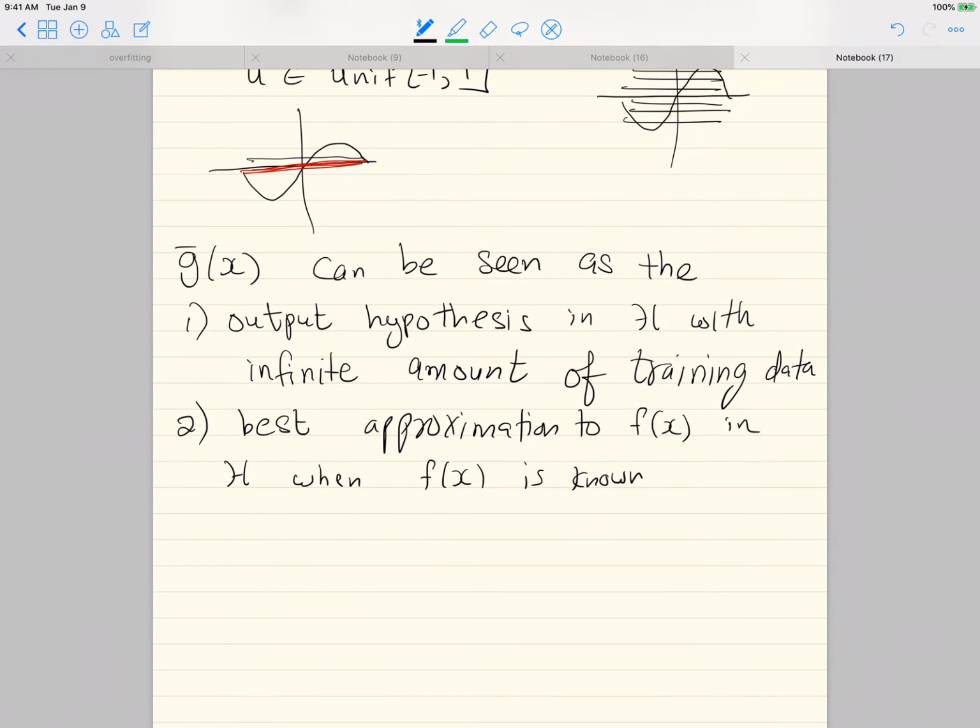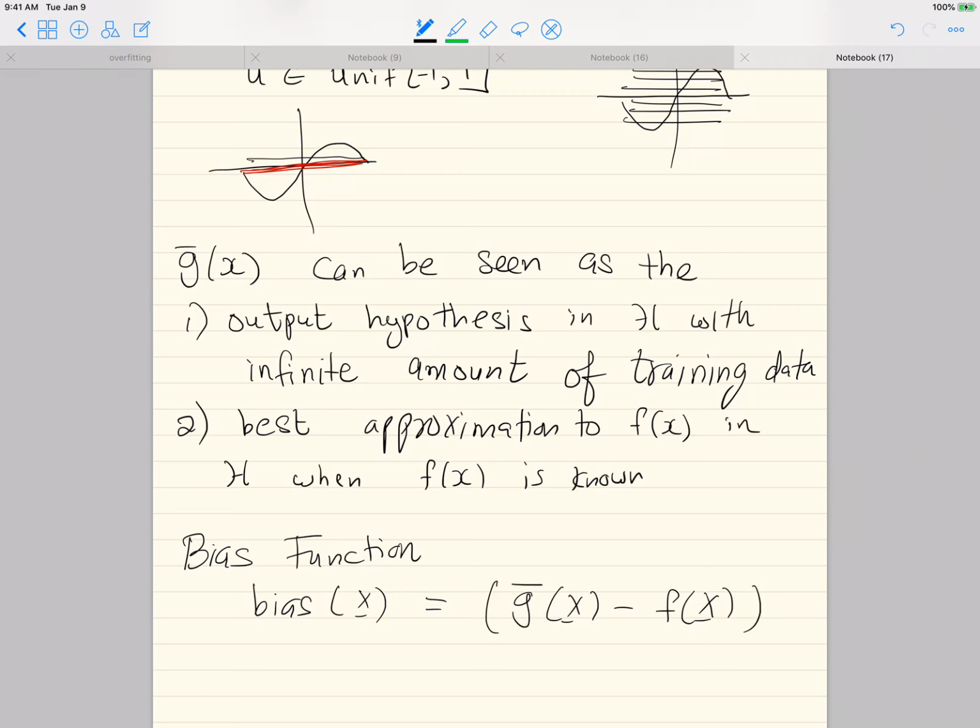So now that we have this, we'll define two quantities. One is the bias function. So the bias of x, when you have an input x, the bias that we produce is given by g bar of x minus f of x, squared.